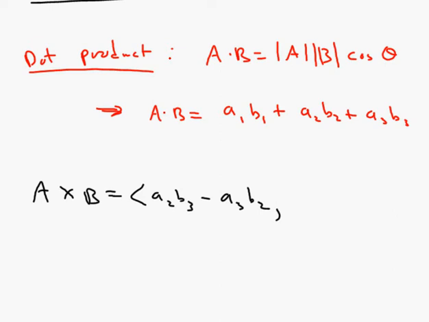This is not happening. In this case, we're actually getting a vector back. Next, A3B1 minus A1B3. And the last component is A1B2 minus A2B1.